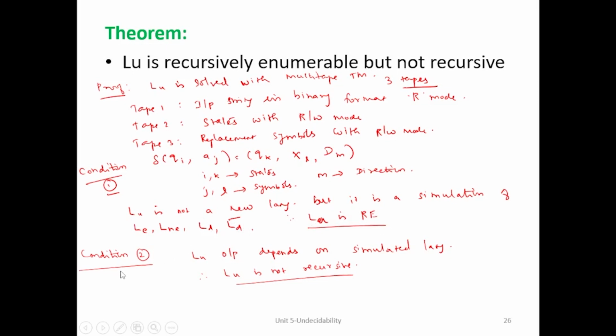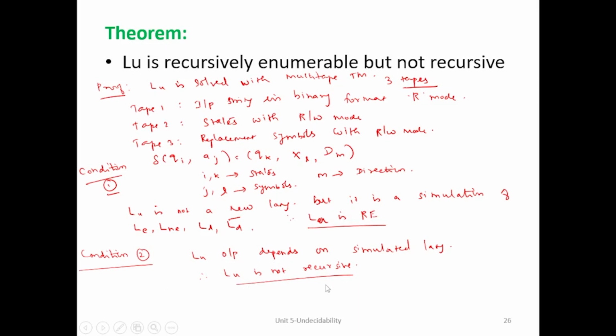Another condition is that the universal language is a simulation language, so the output of LU depends upon the simulated language. The simulated language may be any of these 4, so we cannot predict the exact output based on the functionality of any one of them. LU will give the output, and therefore LU is not recursive.